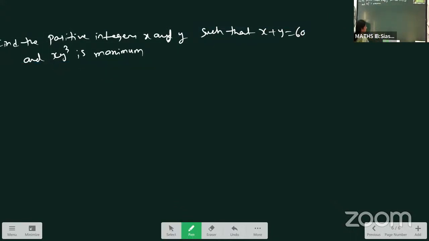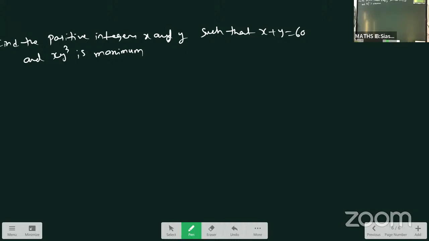So this we have to prove. Just think for a while what is given, what we have to find out. We have to find out positive values of x and y. So in that, what is given? There are two different equations given. One is x plus y is equal to 60 and xy cube value, we have to prove that it is maximum.